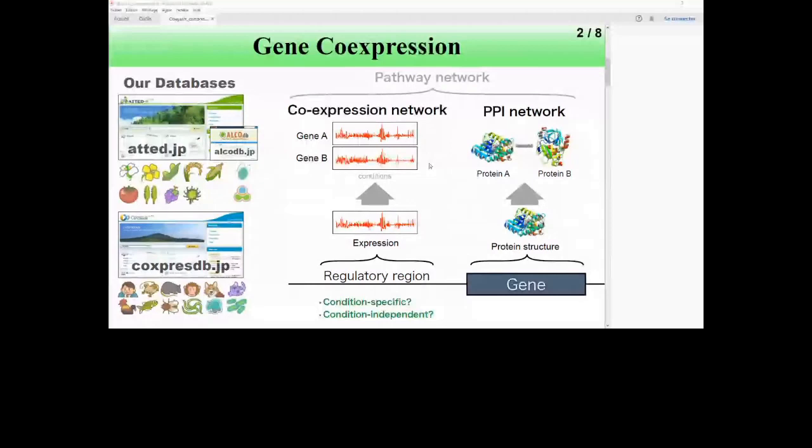So our goal is to achieve condition-independent co-expression of a species. That is a kind of mirror of the genome sequence. That is our goal.